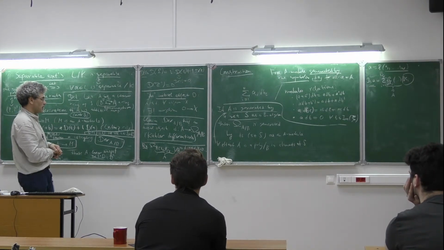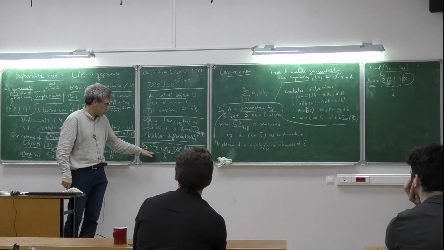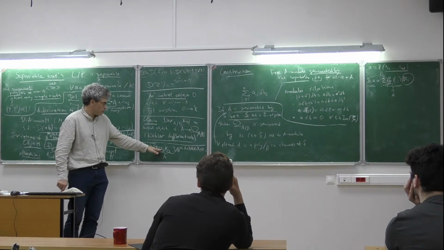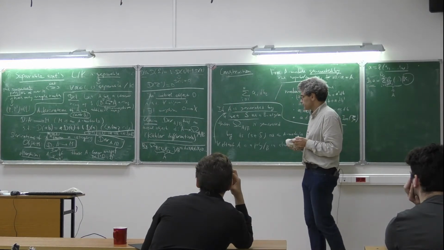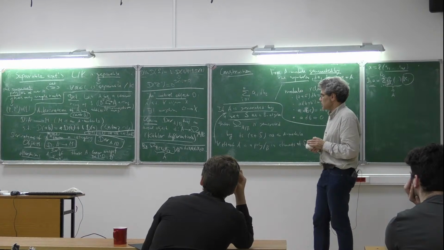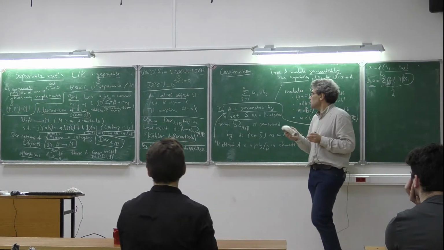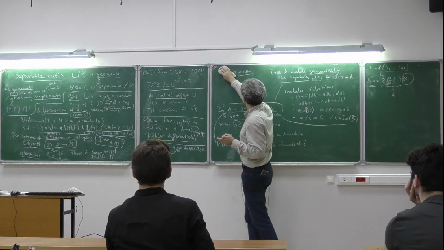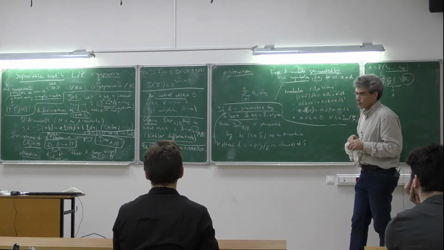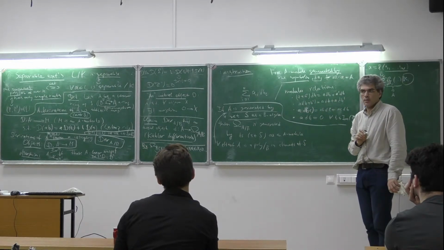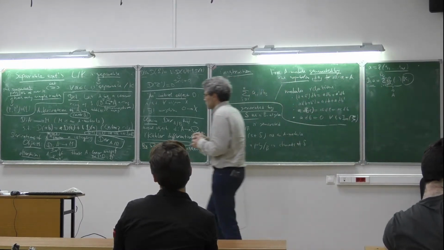What happens if our extension is not free like this, but rather, for instance, if B is a field and A is a finite extension? You mean A a field and B a field, both of them.